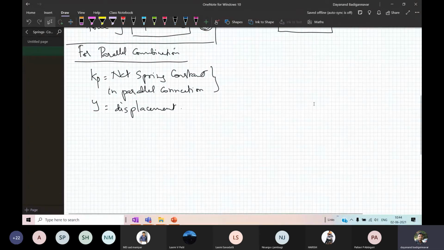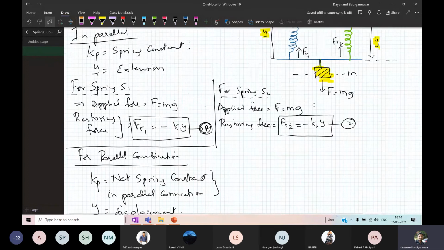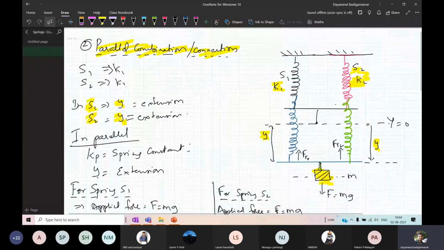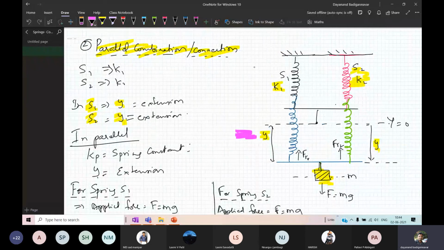Okay. Now look here. Individually the displacement is Y. You can see here for spring S1 the displacement is Y, sorry, S1 also it is Y. S2 it is Y. When I combine both in parallel, the displacement is also Y. Okay.